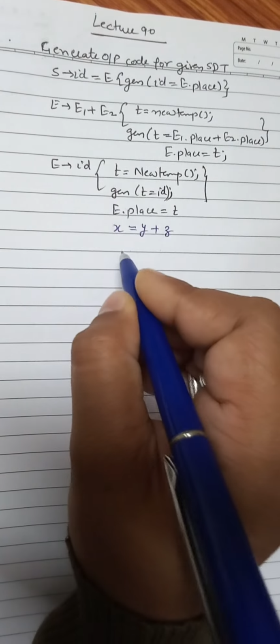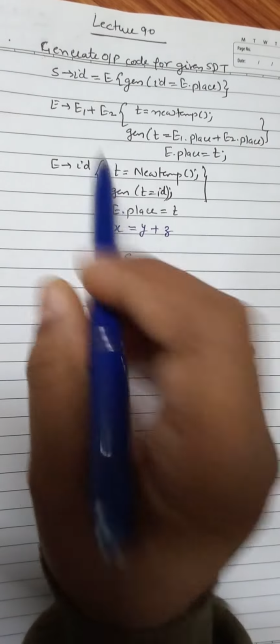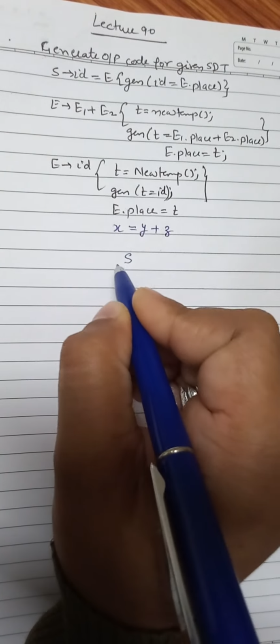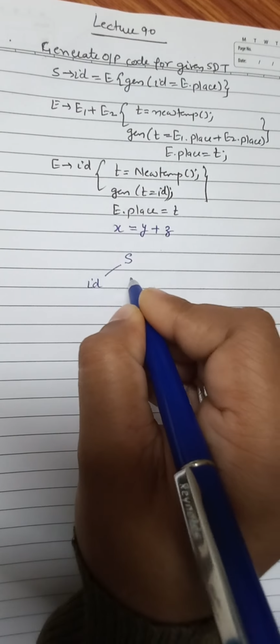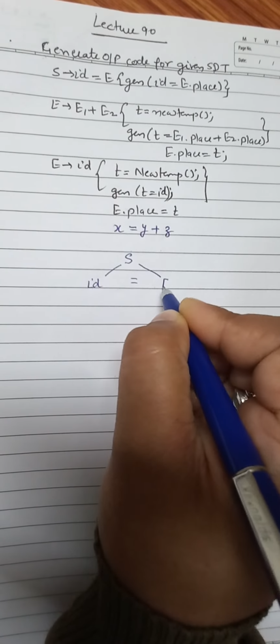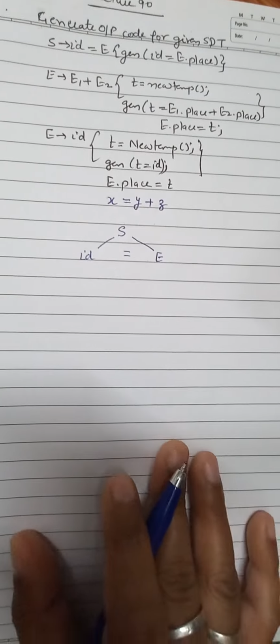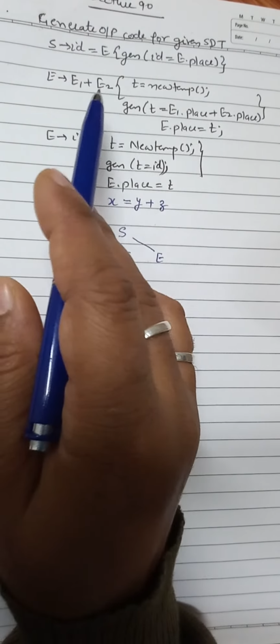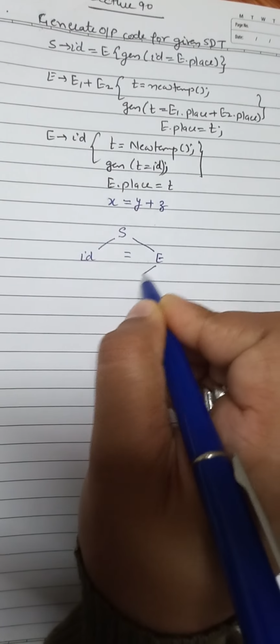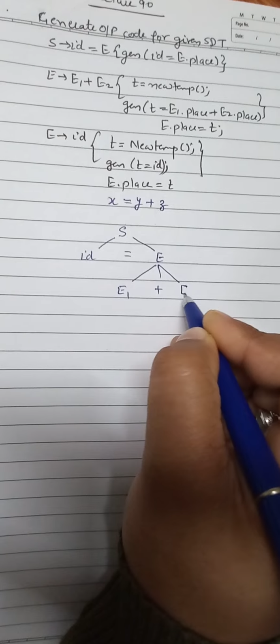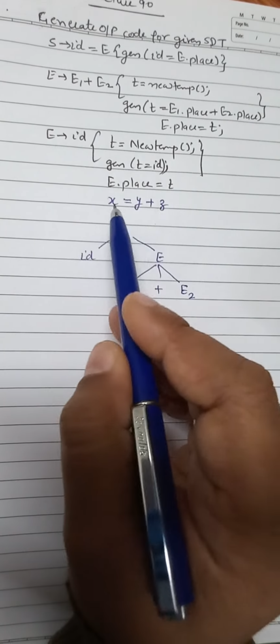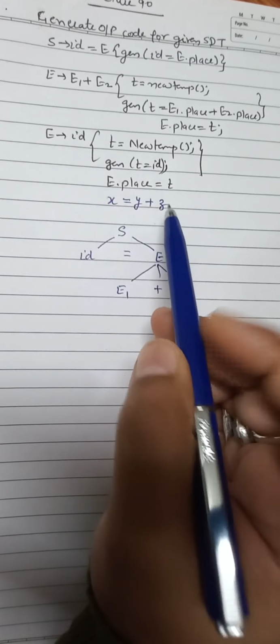As it is given, S tends to ID equal to E, so we are taking ID equal to E. Then next is E tends to E1 plus E2, so we will take E1 plus E2, as we need to take x is equal to y plus z.